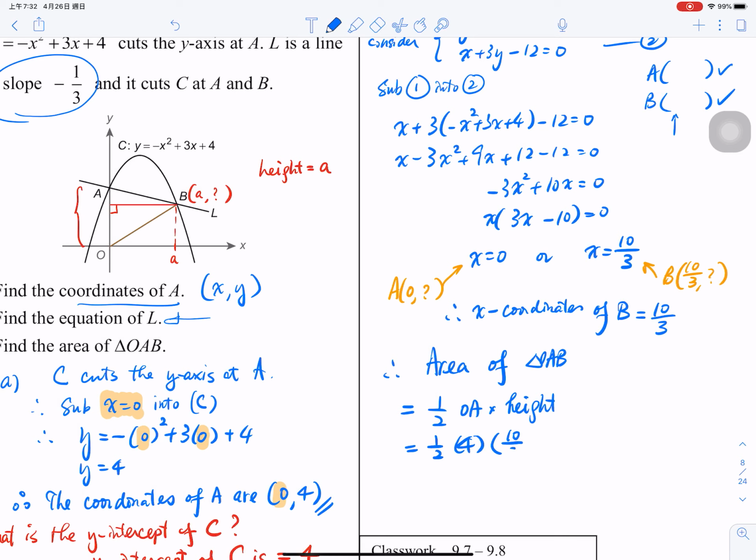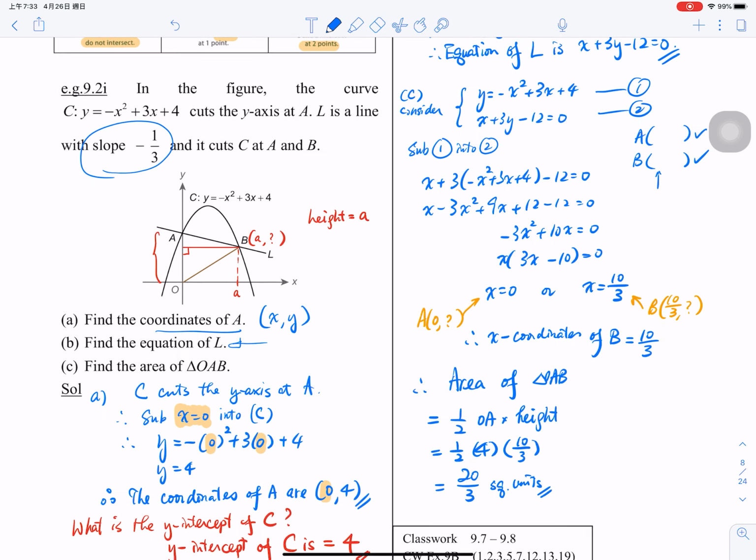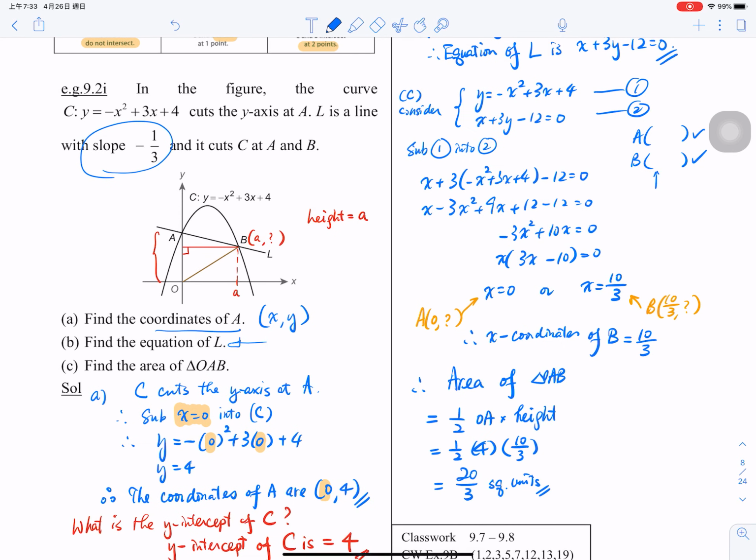And the height is 10 over 3. So the answer, 20 over 3 unit squares. Great. Okay, so you can solve this equation and find the coordinates of A, then find the equation of L. Finally, we can find the area of triangle OAB.